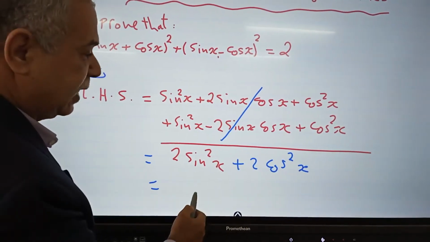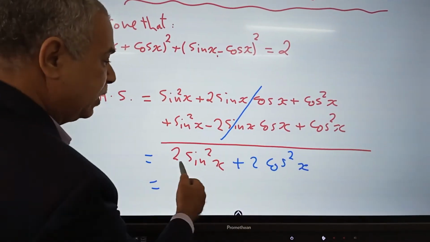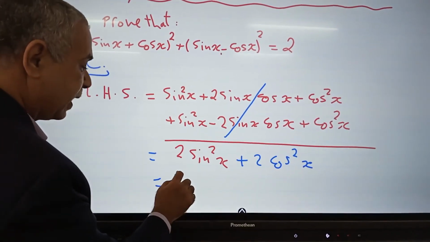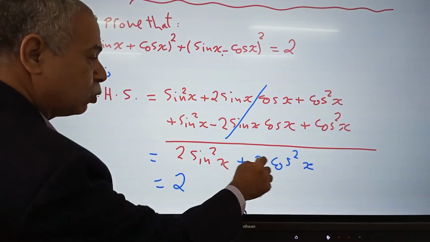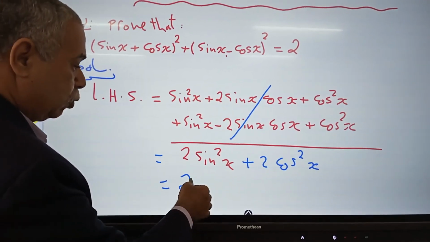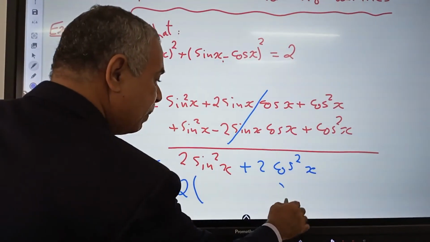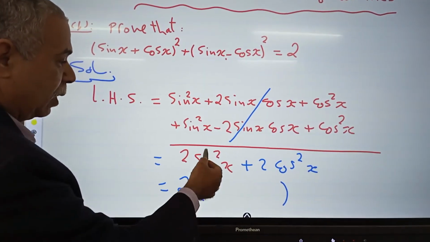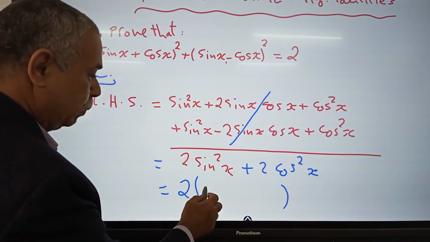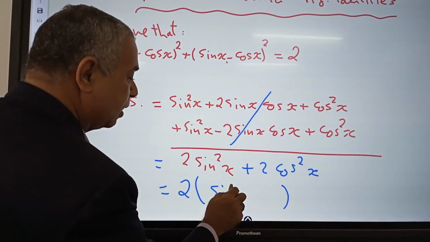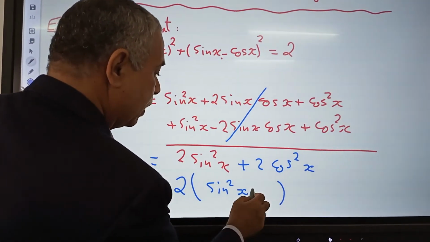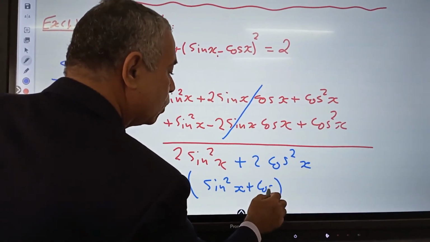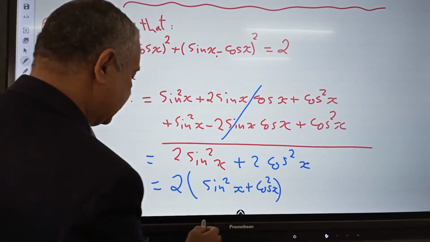Now, we notice that there is a common factor between these two terms, which is 2. Take the highest common factor, 2, then open a bracket and divide each term by the highest common factor. 2 sin²x divided by 2 is sin²x, plus the second term, cos²x.